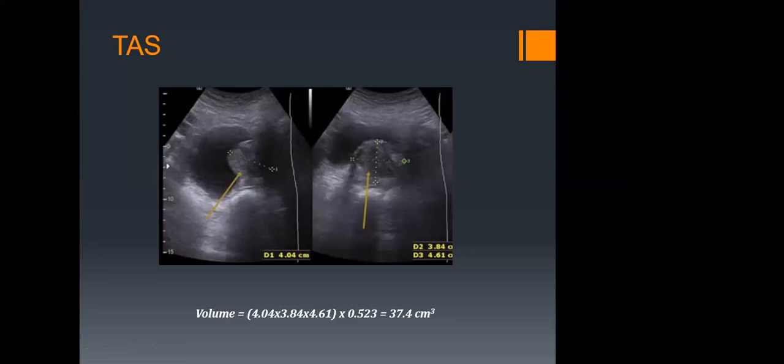And when you are taking your parameters, again, this is how you take your parameters. Now here, many of us have been doing a mistake, or we are still doing a mistake. We tend to take this longitudinal measurement, and then we attempt to do another parameter perpendicular to this.